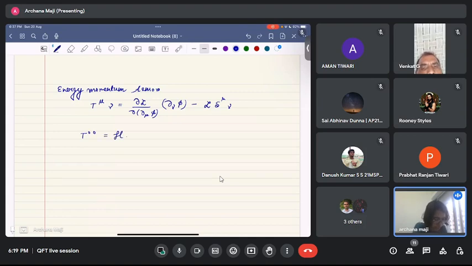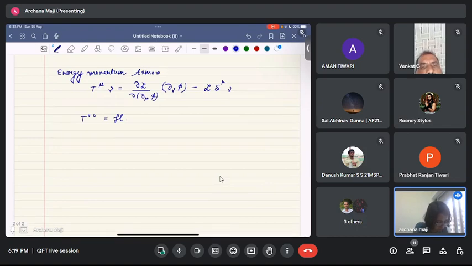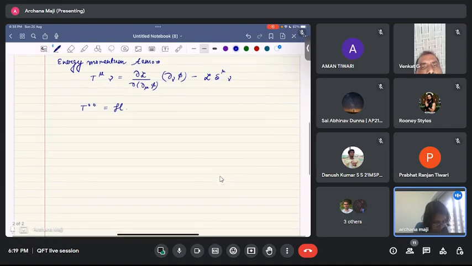Okay, this we derived for the Klein-Gordon Lagrangian, and then we said that T0i is nothing but the momentum density. And if we integrate this over the entire space, we get the momentum operator.